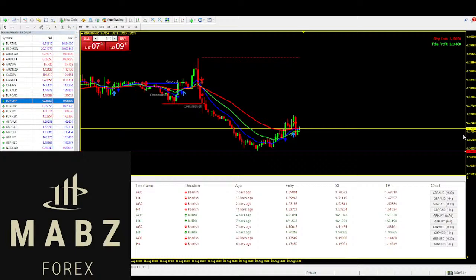Euro JPY, we've got a buy signal on M30. We saw GBP AUD, I just don't remember now. I didn't write that one down, but there was a signal there. GBP JPY has a signal on the 30-minute chart. That's just for the benefit of those guys who are already in front of the trading system.